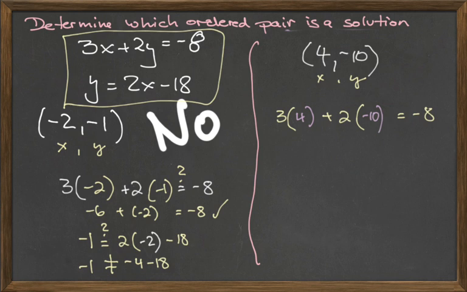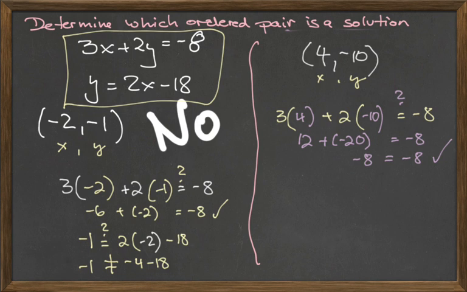Is that -8? 3 times 4 is 12, plus -20. Is that -8? -8 equals -8, so we got a check mark here.